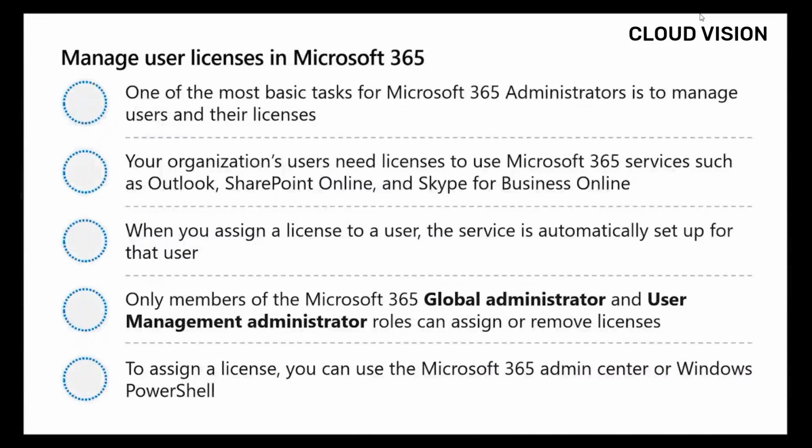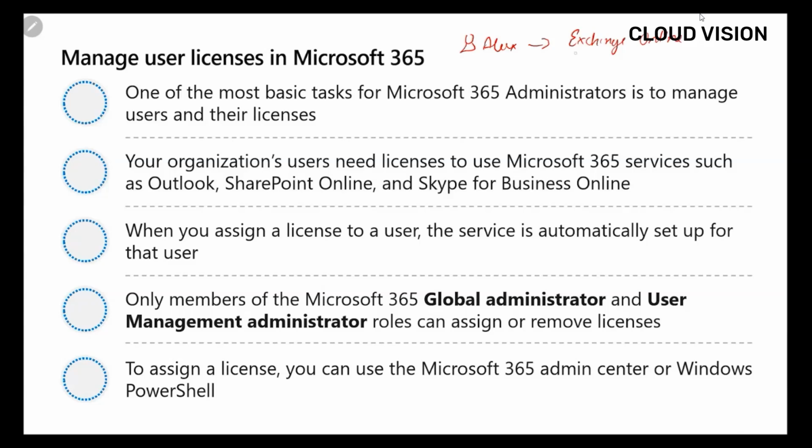Now, if you want to make any services available for your users in the Microsoft 365 environment, you have to make sure that you assign the license to that user account, which will automatically provision the service for that account. For example, let's say I have a user named Alex who wants to use emailing services. All I have to do is create the identity of this user in my Microsoft 365 environment and then assign Alex the Exchange Online license.